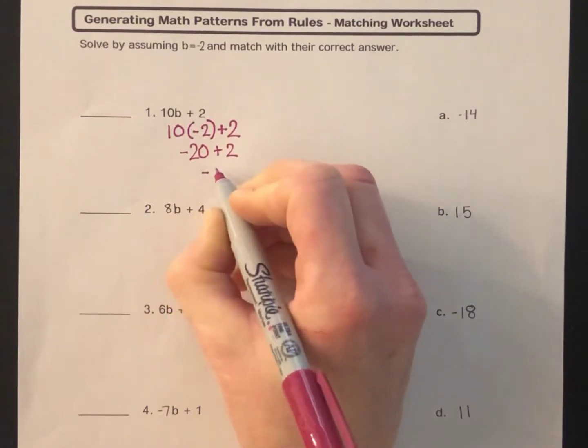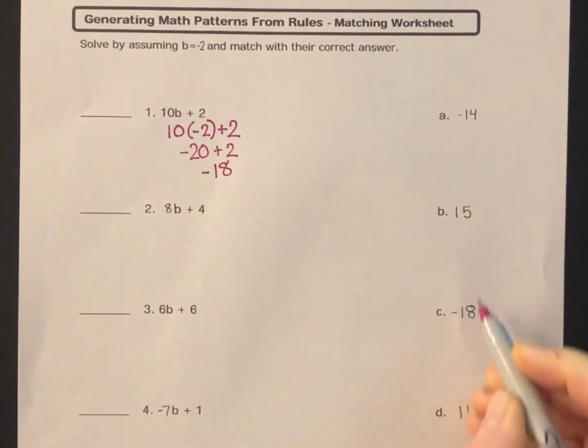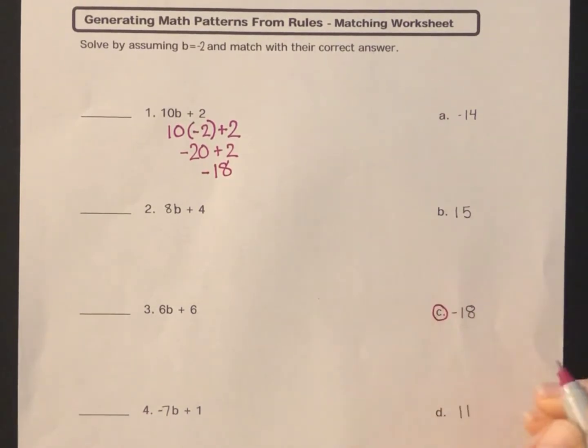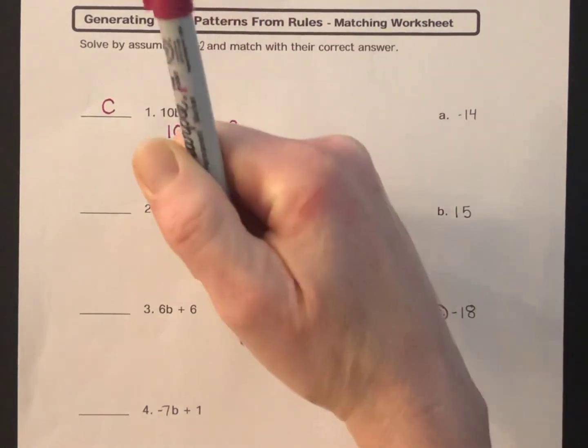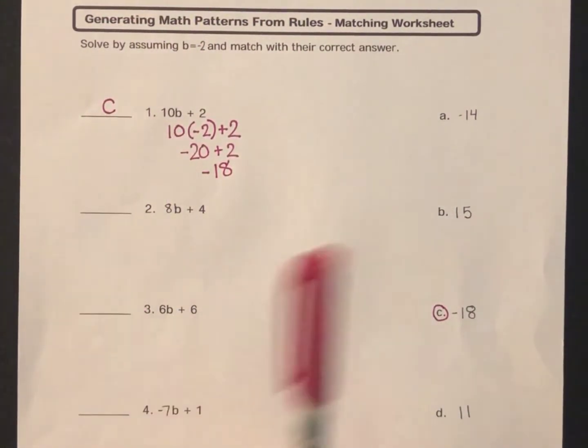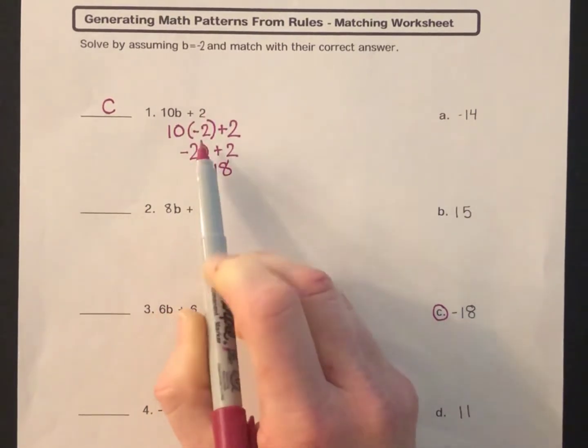That would make -18. I come over here, that gives me C. Just to remember, each time you do this, go ahead and substitute with your -2 in parentheses.